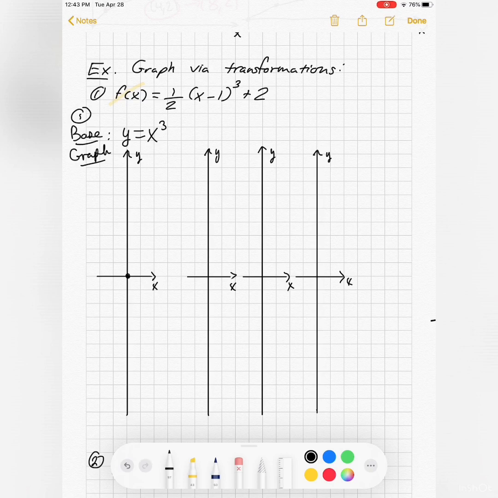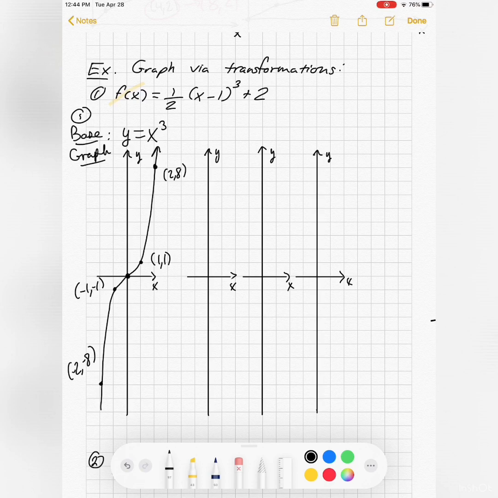So 0 cubed is 0, 1 cubed is 1, 2 cubed is 8, -1 cubed is -1, -2 cubed is -8, okay, etc. I'll try to do a better job graphing it if I can.